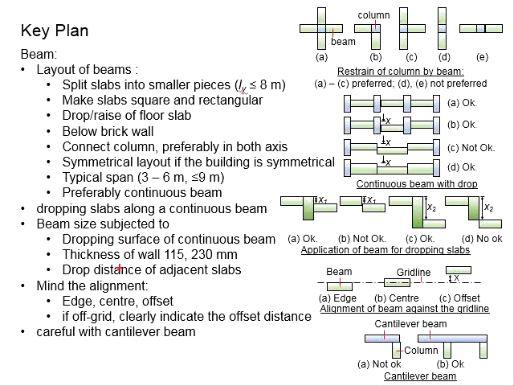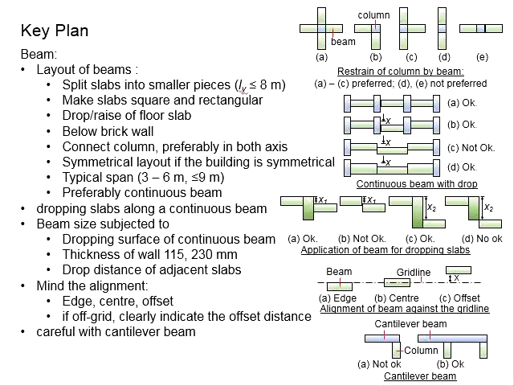Next, you have to be careful with the alignment of the beam, especially relative to the grid line. There are several conditions. The beam may be laid along the edge of the grid line, or the grid line may be at the center of the beam, or sometimes the beam is at an offset distance from the grid line. All this needs to be clearly indicated in the key plan to avoid confusion for the contractors.